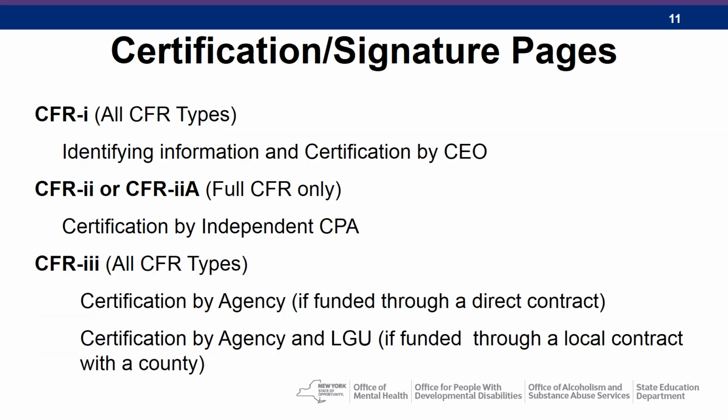The filing of CFR certification or signature pages are required to meet the filing requirements. These include the CFR-i, identifying information and certification by the CEO or Executive Director, the CFR-ii or CFR-iia, which is certification by the independent CPA if required, and the CFR-iii, which is required if the agency is funded through a direct contract with the state or through a local contract with the county or New York City.